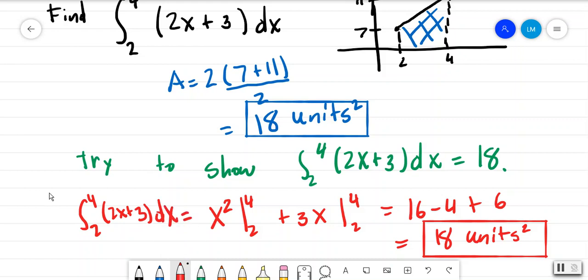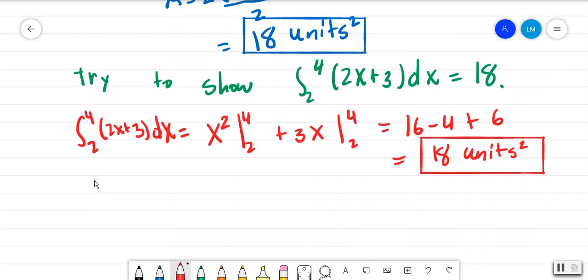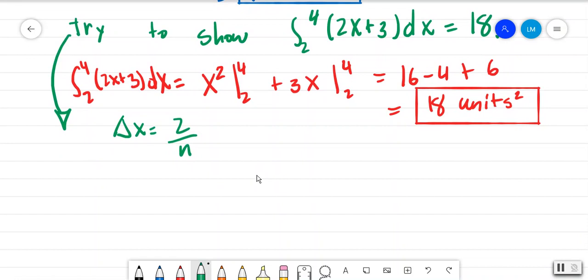But note that if you did try to use the Riemann sum, you would have ended up saying that delta x is equal to 2 over n. Then from there, you would have had to figure out, for example, what is the best point to choose.